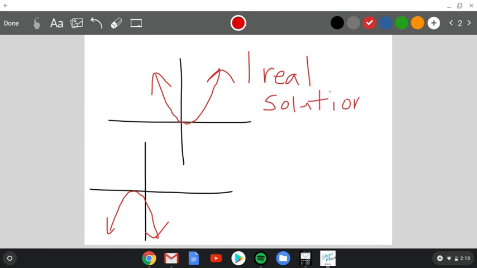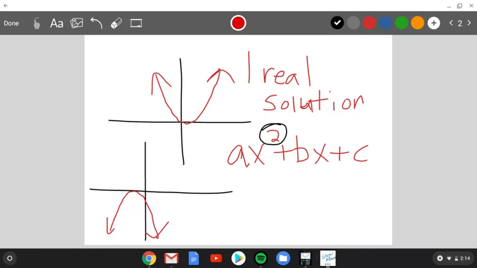When you have a polynomial, which is what we have with quadratics, the biggest exponent tells you how many solutions you have. So with quadratics, the biggest exponent is a 2. That means we should have two solutions. Well, it looks like here that we only have one.